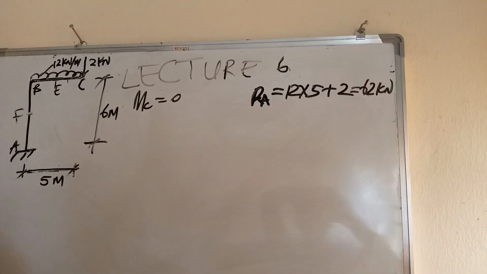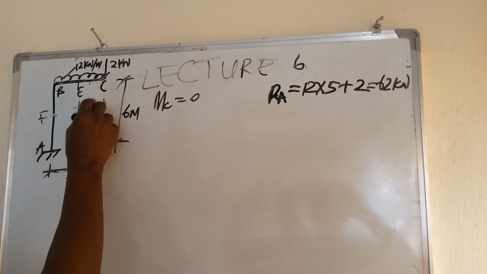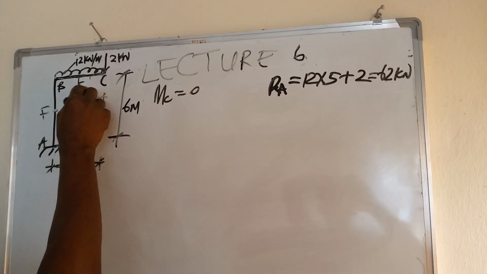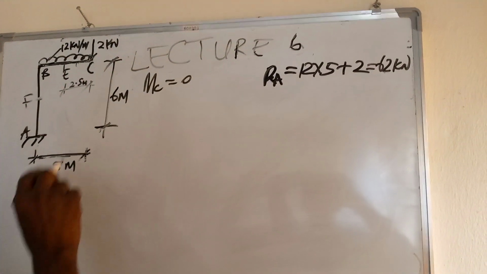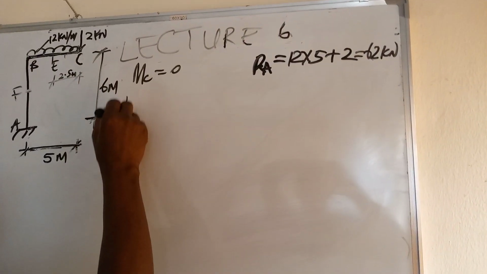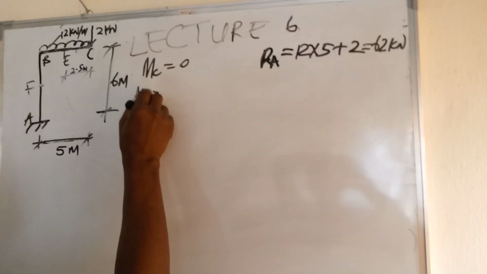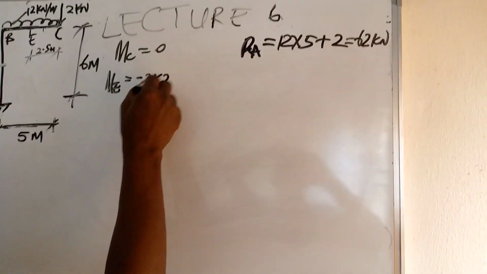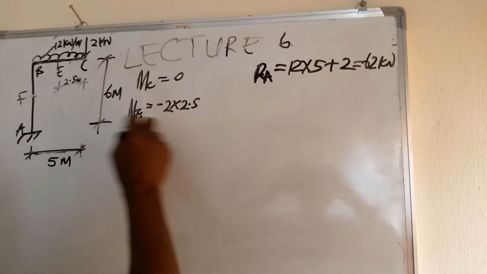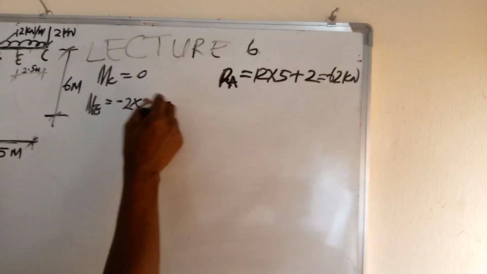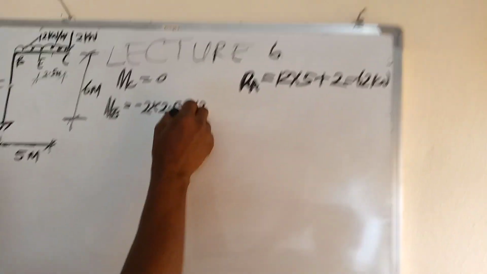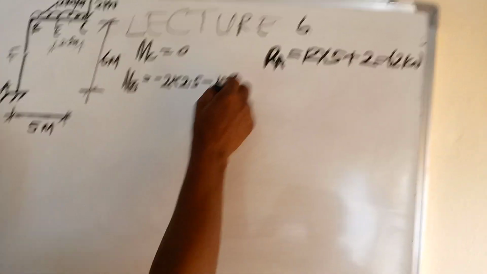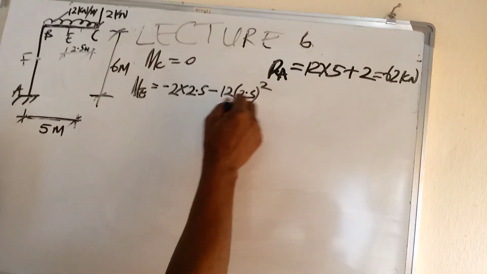Then at point E, which is half of the distance, 2.5 meters. That's the M at E, is equal to minus 2 times the distance, 2.5, that's the perpendicular distance. Then minus 12 times 2.5 squared over 2.